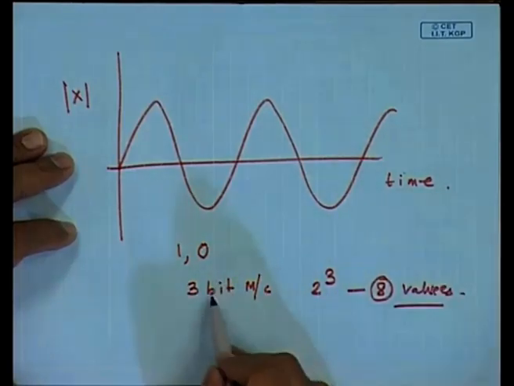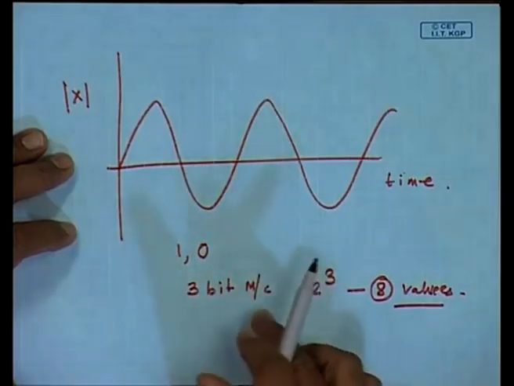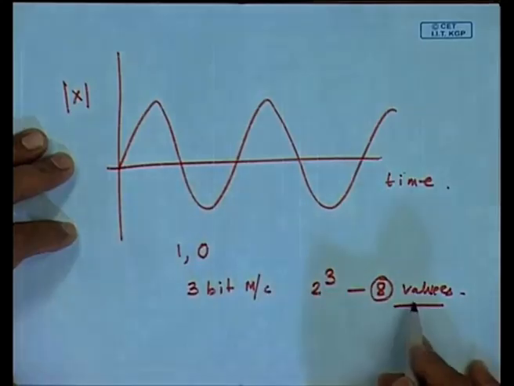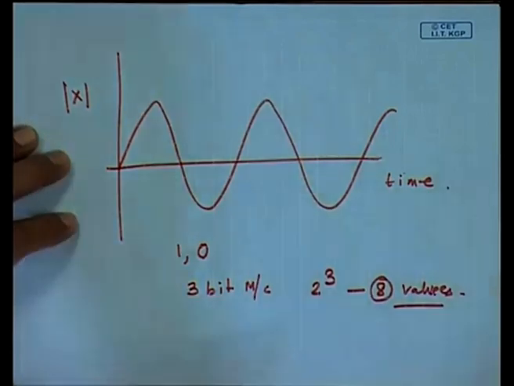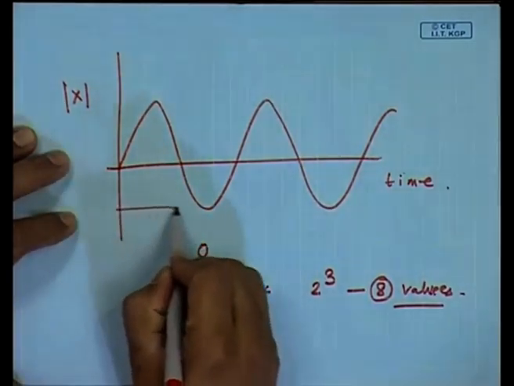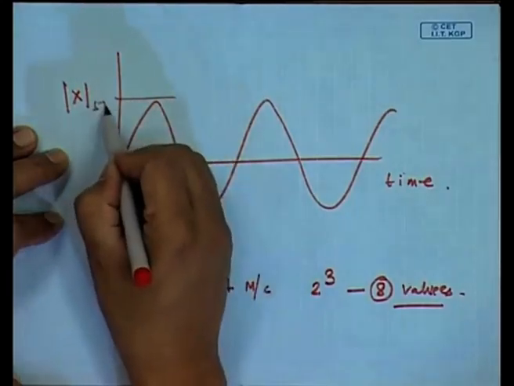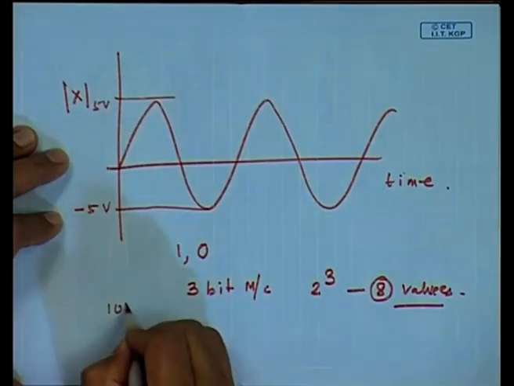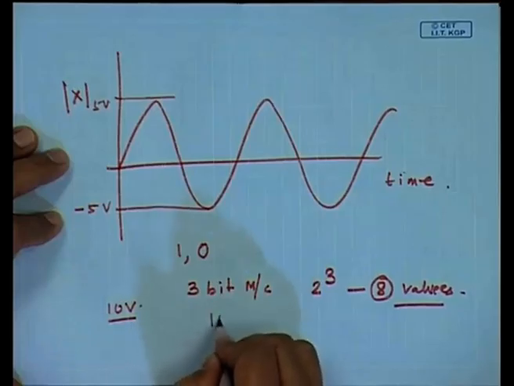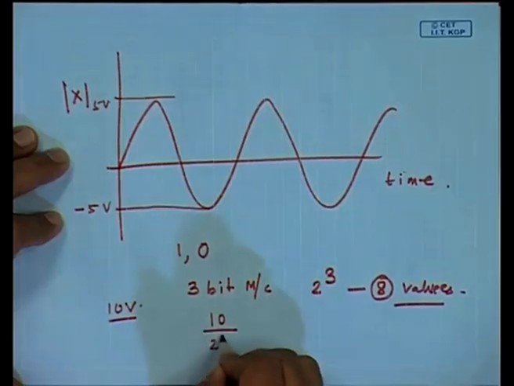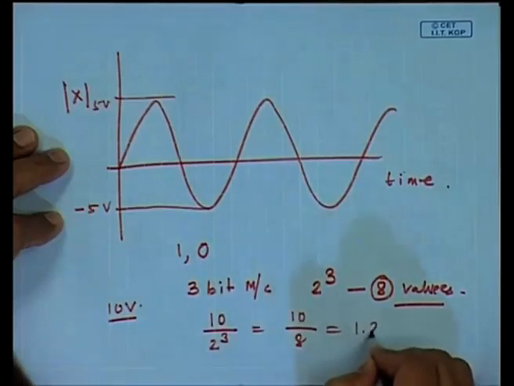Of course, no machine is 3-bit nowadays, but to begin with, if it is a 3-bit machine, the possible values this data can be stored as are only 8. So, let us assume that this is minus 5 volt, this is 5 volt, so the entire range is 10 volts. This data can only be broken up into 10 by 2 to the power 3, 10 by 8, which is close to 1.25 volts.